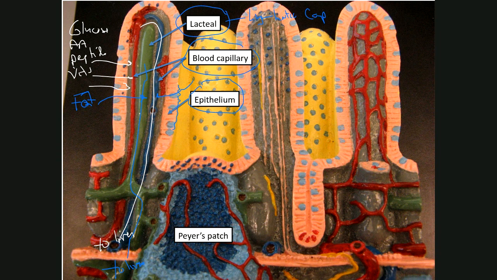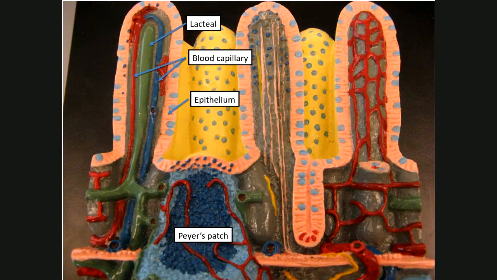Another thing you can see in this picture is a Peyer's patch. So if you remember when we talked about the lymphatic system, we said that in the small intestine, especially in the ileum, there is a bunch of these sort of like tonsil structures, Peyer's patches. And remember, these are lymphoid tissues.